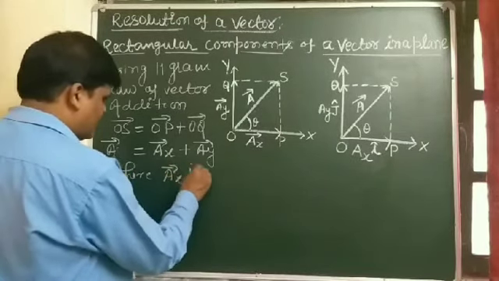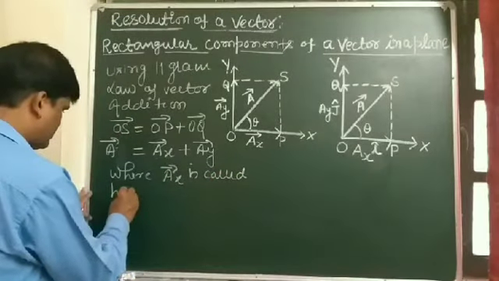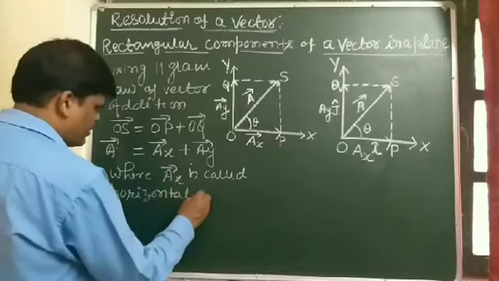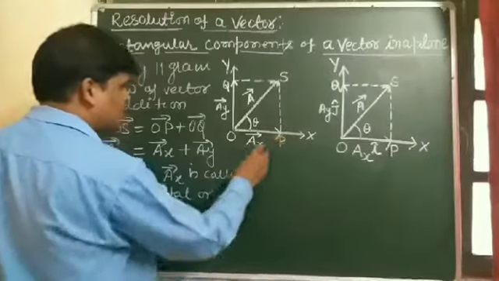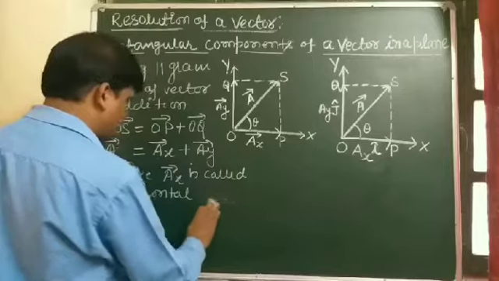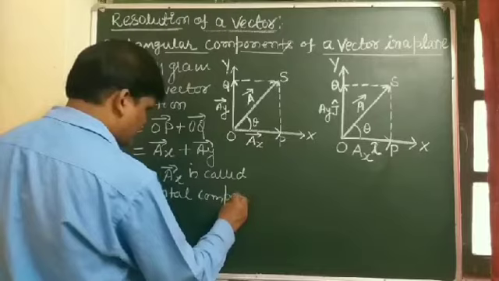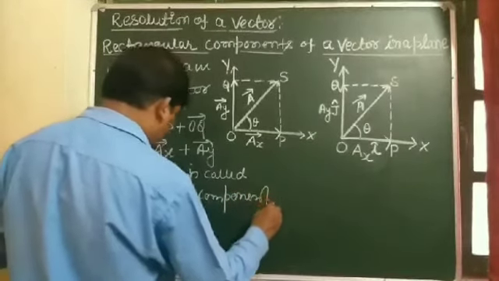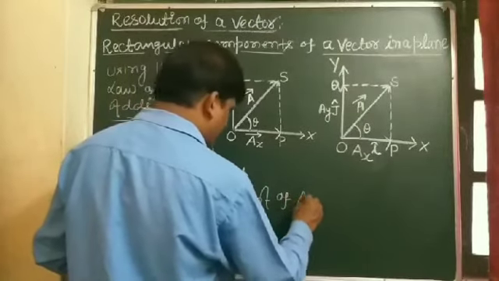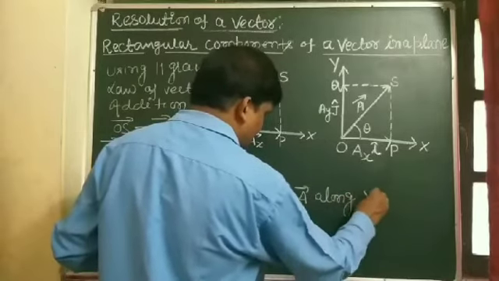Ax vector is called the horizontal or x component of the given vector, the horizontal component of vector A along the x-axis.